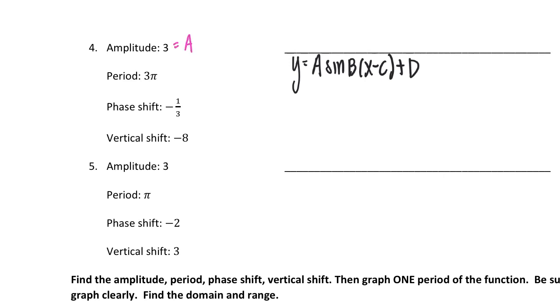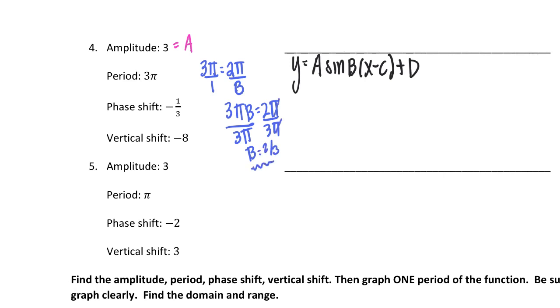That's the easiest one, A. We now know that the period is 3 pi. Remember, we set the period equal to the formula that gives us that period. It includes b. Stick that 3 pi over 1 and cross multiply. You should get b equals 2/3.